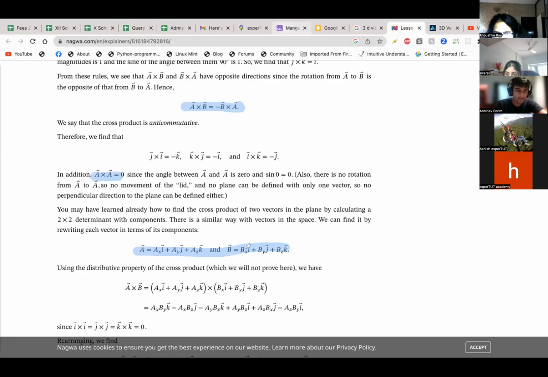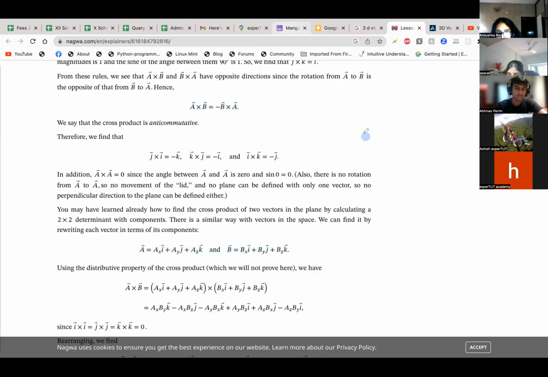Anyway, write these, everything which is in blue. AX is the X component, AY is the Y component, AZ is the Z component. It will come below.